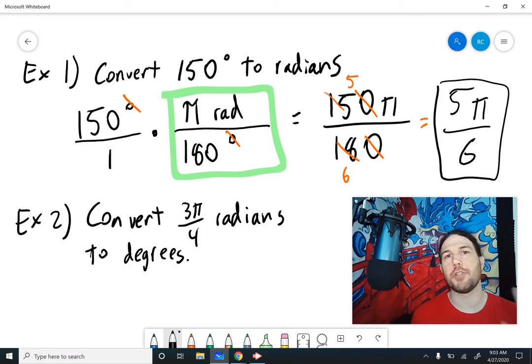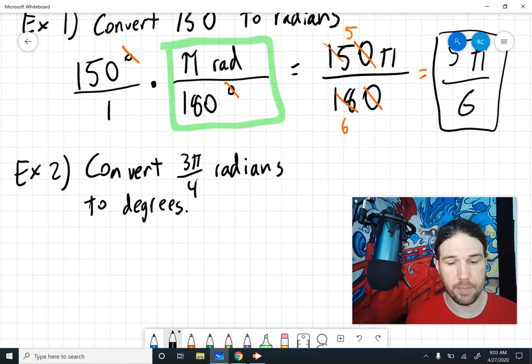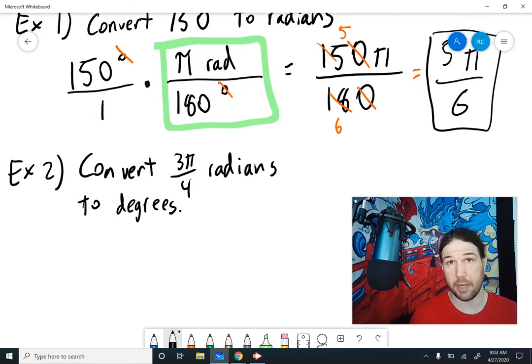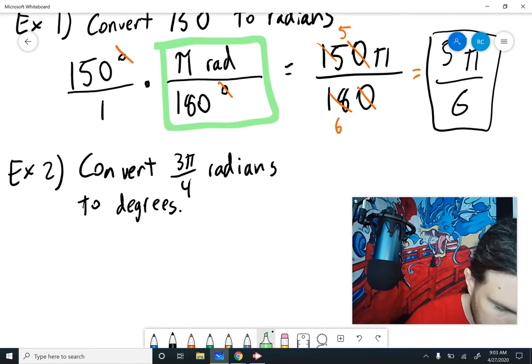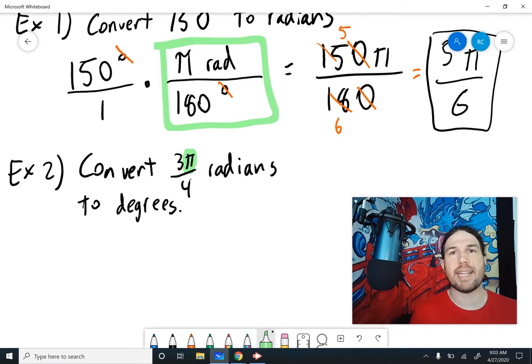Okay, well, I can think of 2 ways of doing this. I will show you both. Okay? Since there is a pi in here, there isn't always going to be a pi in here, but because there is a pi, we know that pi radians is equal to 180 degrees. We can just do a substitution.